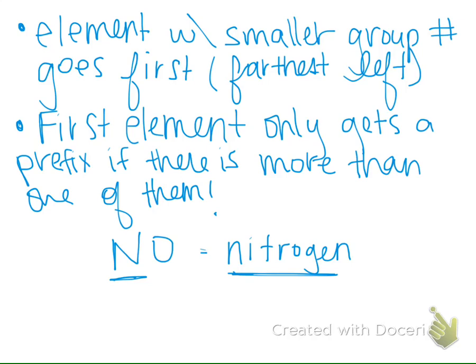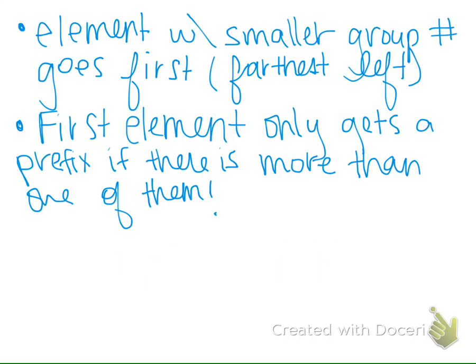Okay, and then we'll go on to the second part of it, which says our second element always gets a prefix. Our second element always gets that prefix no matter what.